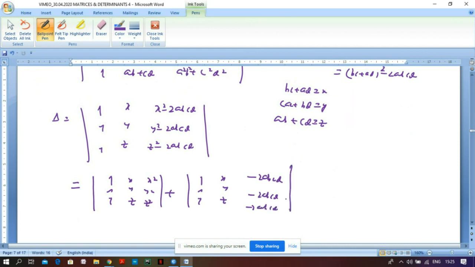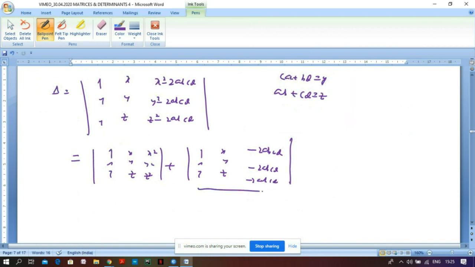I can take the common negative of 2abcd out, and I will get 1 1 1, x y z, 1 1 1. These two rows become identical, which means that determinant goes to 0. That's all.